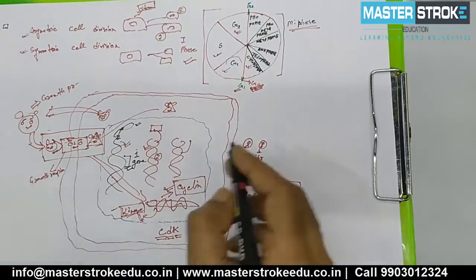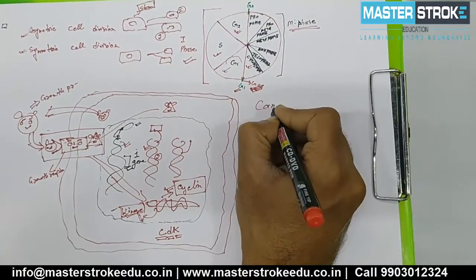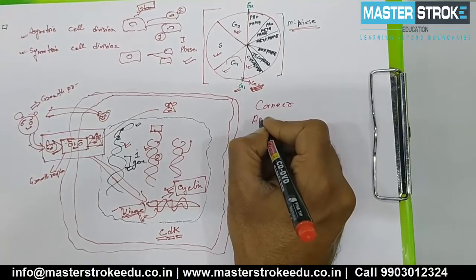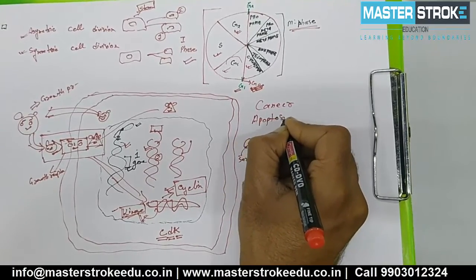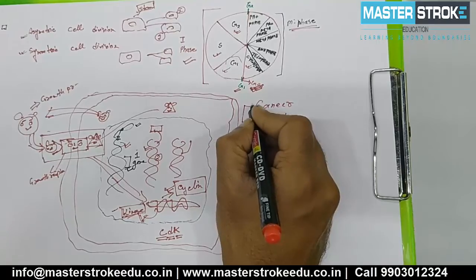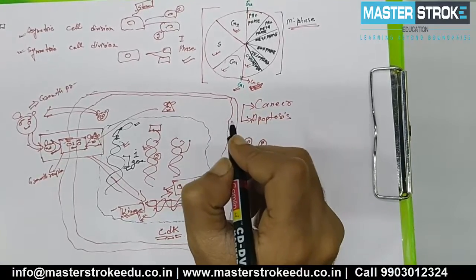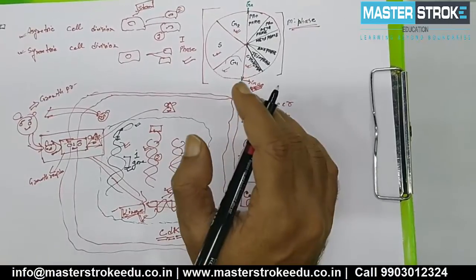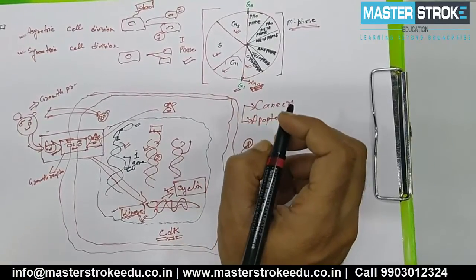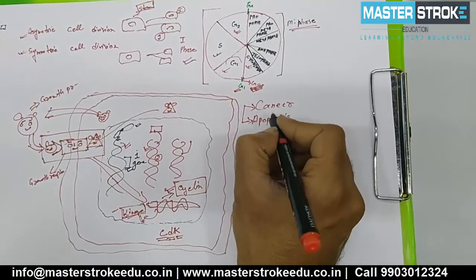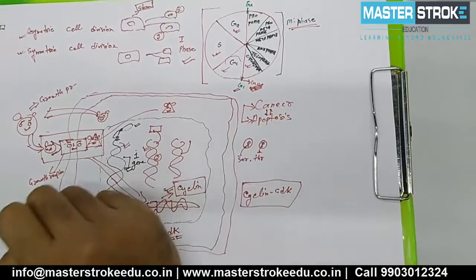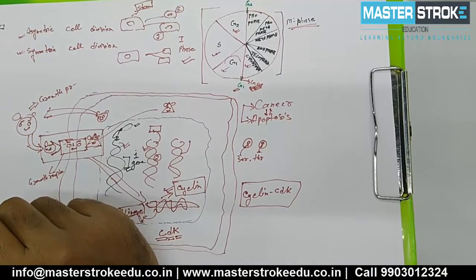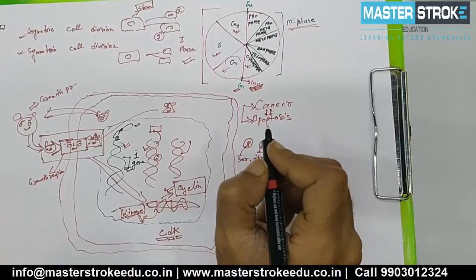So actually, cancer and apoptosis are both related, and they are the two consequences of the cell cycle. The cell cycle is a normal thing. Cancer and apoptosis are the two consequences of the cell cycle. They are just the opposite of each other. In our last lecture we talked about that.